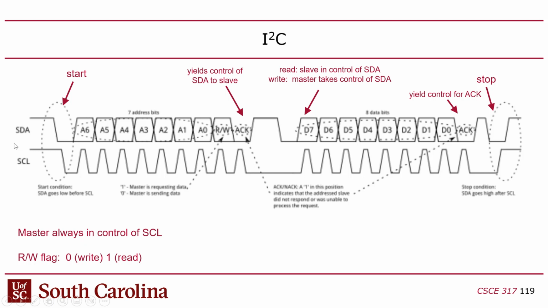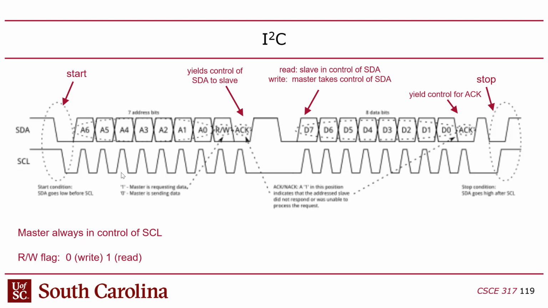Okay, so you can see that on both sides of this. And normally, whenever the data changes, you can see that the data is changing before the clock goes high and changes after the clock goes low. So the data generally changes whenever the clock is low. You can think of this like a kind of tit for tat sort of thing.